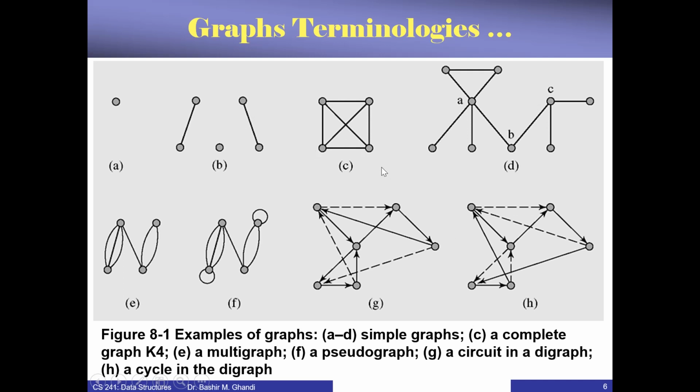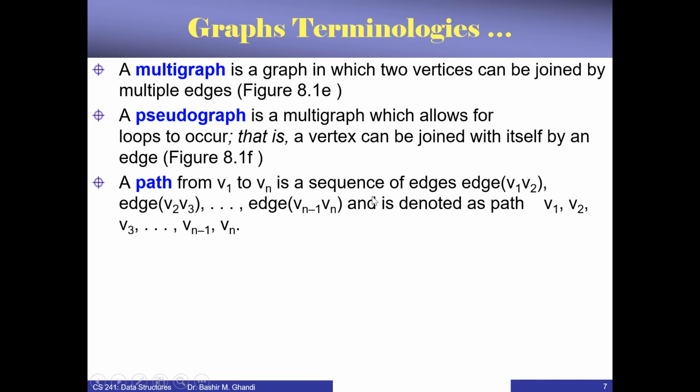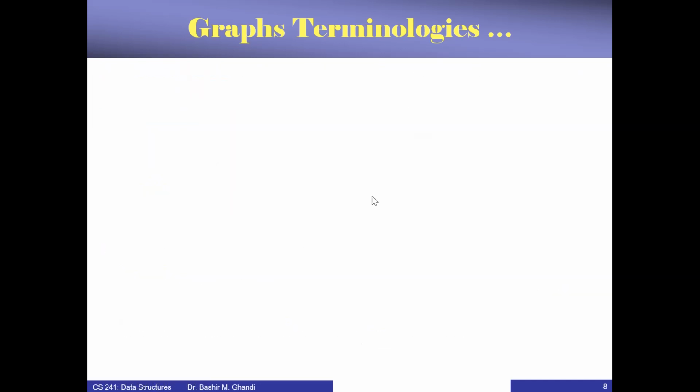So if you can reach a vertex directly without going through any other vertex, and that is true for all the vertices, then the graph is said to be complete. Obviously, you can see this graph is not complete. There is only a connection from this to this vertex, not to any other. So that's the meaning of a complete graph.